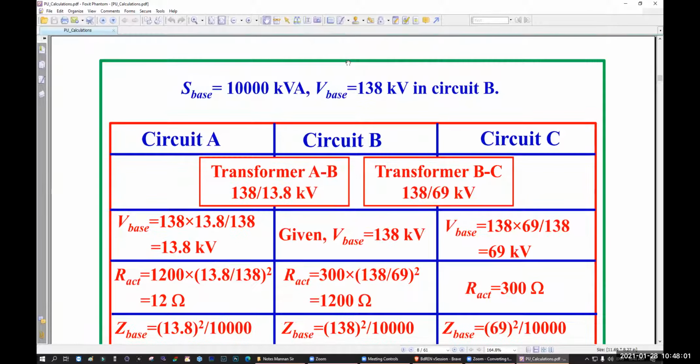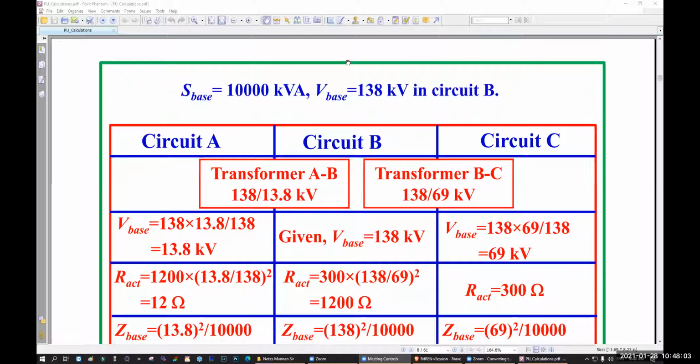In this case, your V base is how much? Since all of them are red, I'm going to change my color. Circuit B V base is how much? 138, that is given, right?